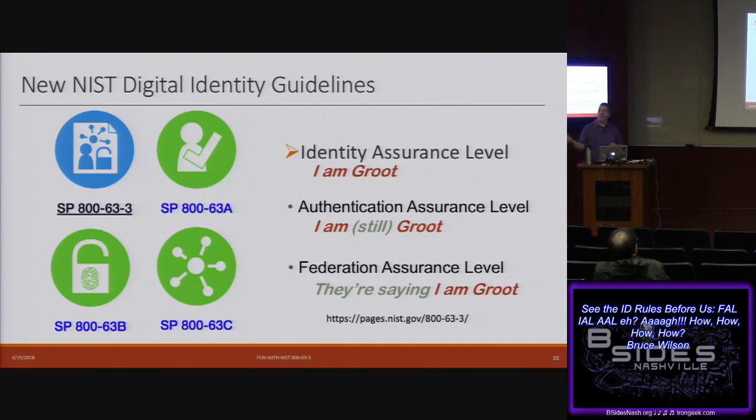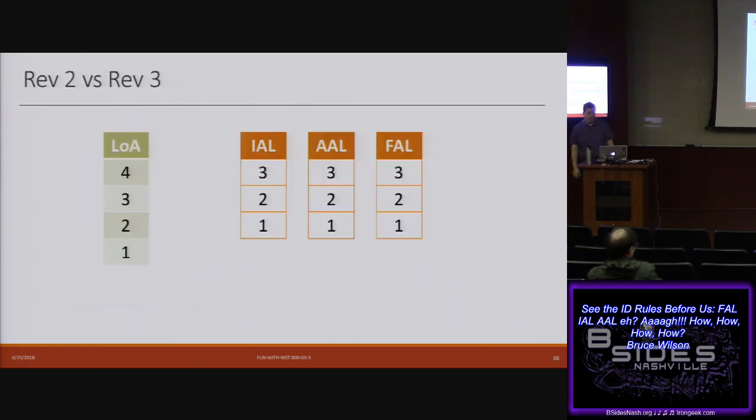How confident am I in a third-party interaction to say, this is the same person? And so you have this split that in Rev 2 we had 4 levels of assurance. In Rev 3, I only have 3 levels of assurance, but it's split into this identity assurance level, authentication assurance level, and possibly a federation assurance level.